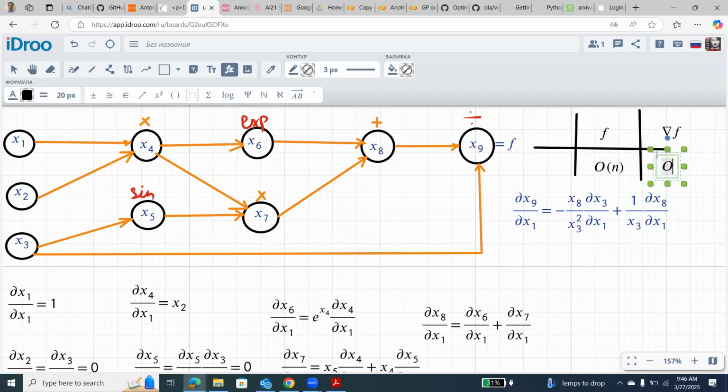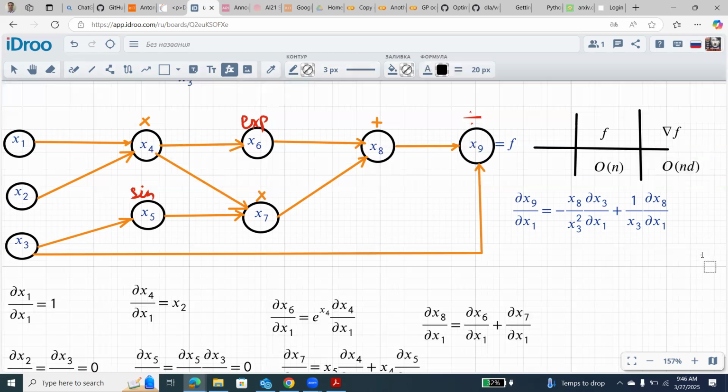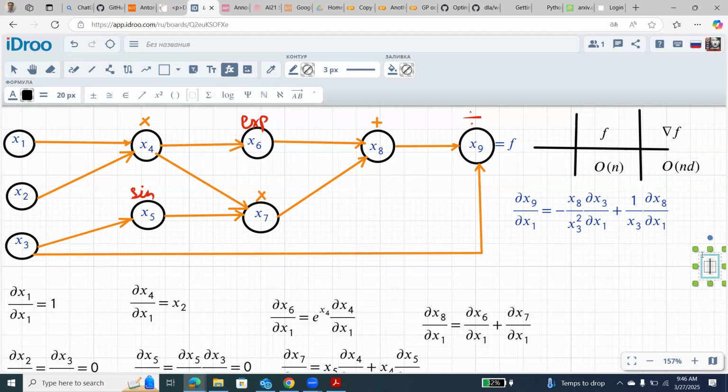It will be O of n times d. And if the input size is, for example, 100 features, or image 1000 times 1000 features, okay, so this will be your time complexity. So now we will look at another mode, backward, which will return us O of n time complexity for evaluation of the gradient.